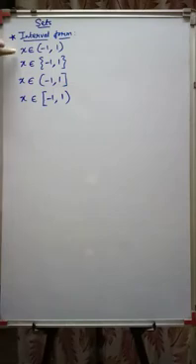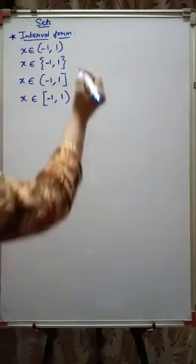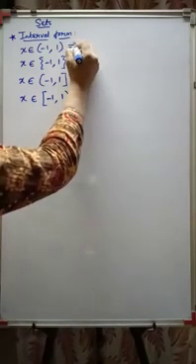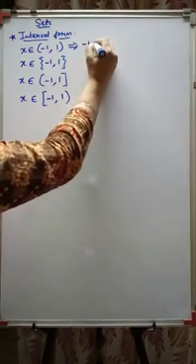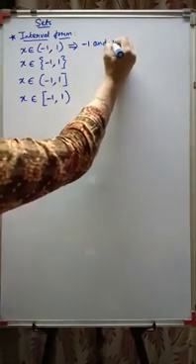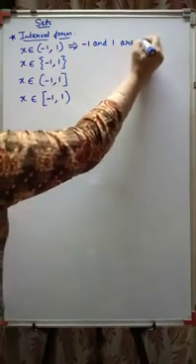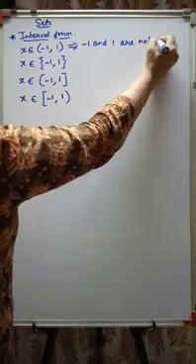Now, first I have written x belongs to (-1, 1), an open interval. What do you mean by open interval? It implies -1 and 1 are not included.